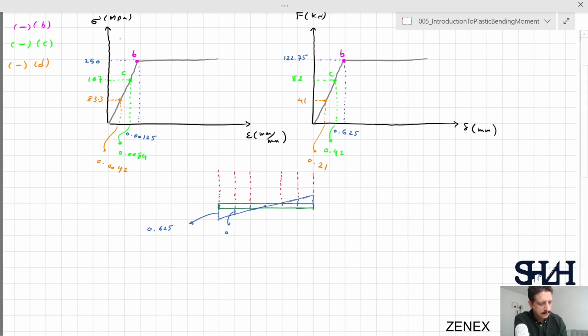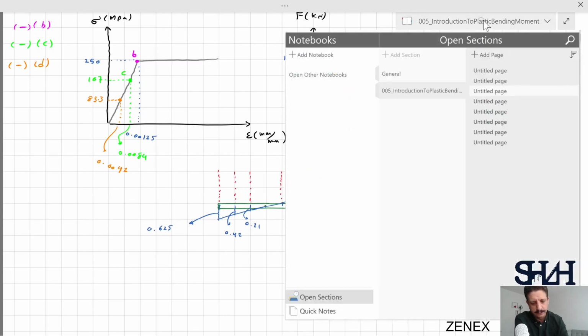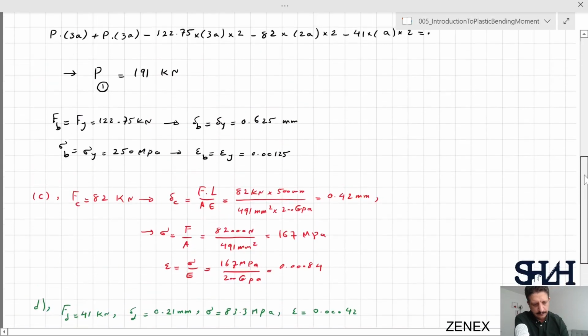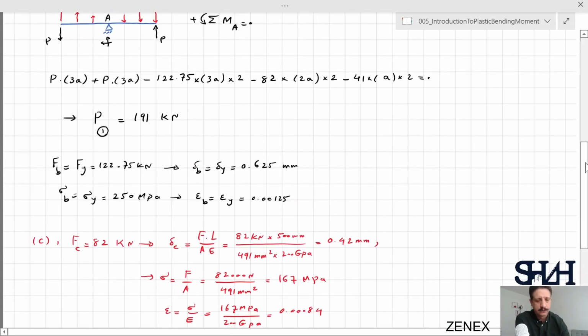This deformation is 0.42 and the other one is 0.21. The same on the right side of A, when the force P is P1, which is 191 kilonewton. We calculated it earlier here, which is called P1.